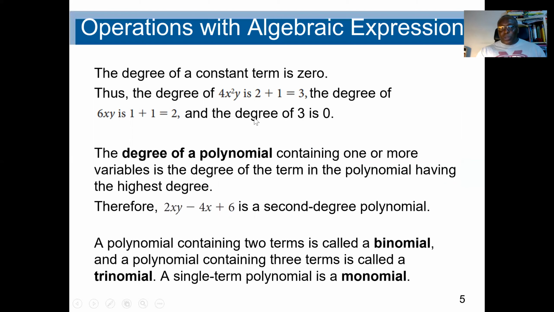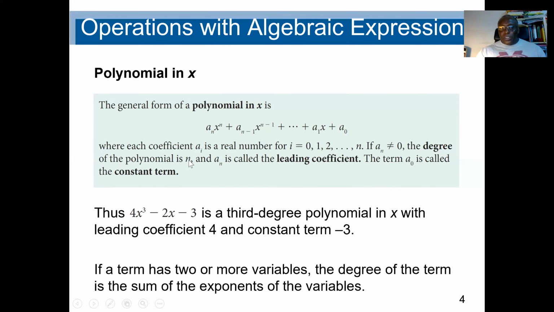So in our previous expression, 4x cubed minus 2x minus 3, the degree of the constant value, negative 3, is 0. The degree of negative 2x is 1 because x is raised to the power 1. The degree of the term 4x cubed is 3 because x is raised to the power 3.